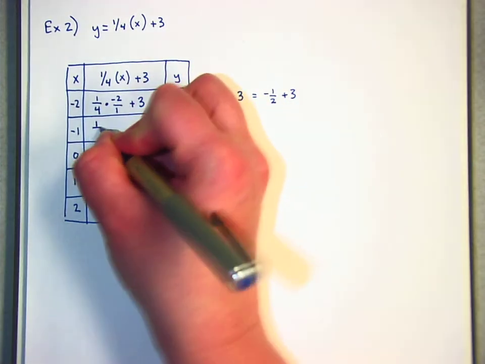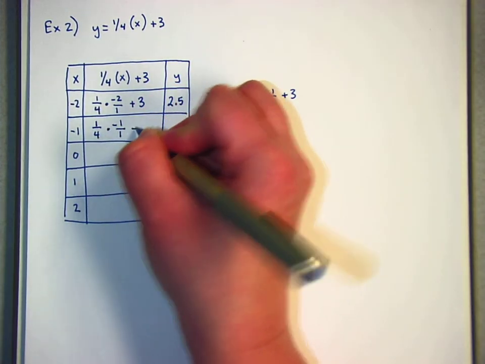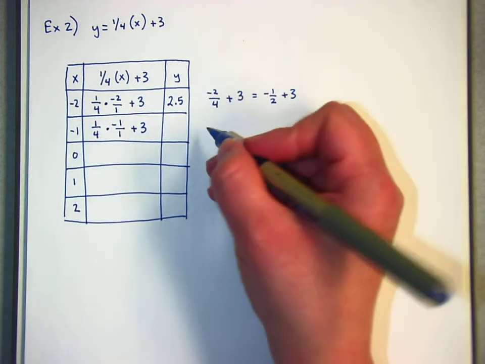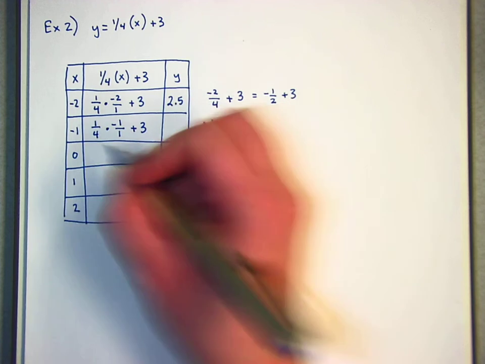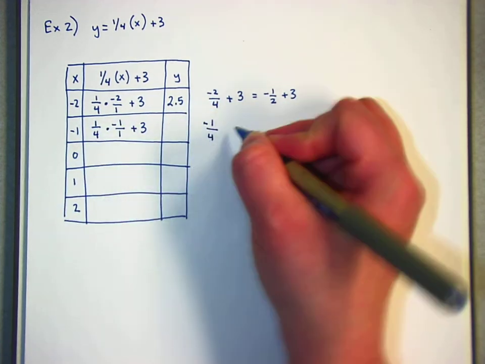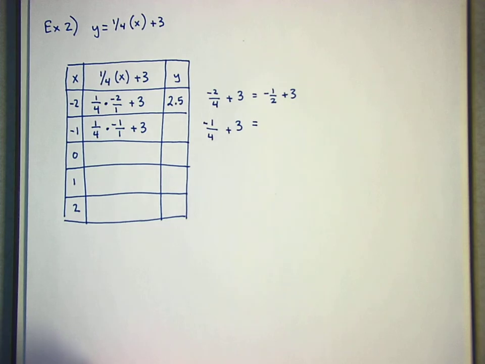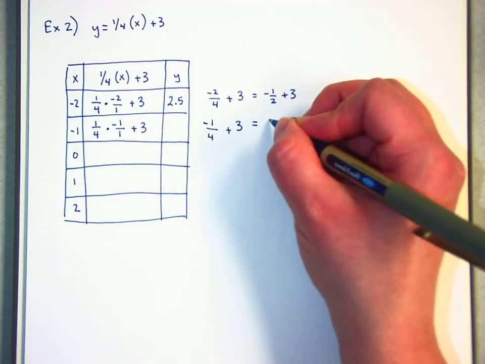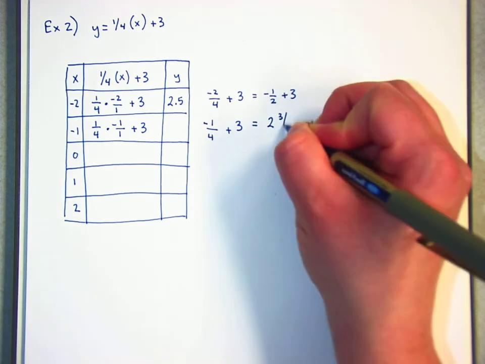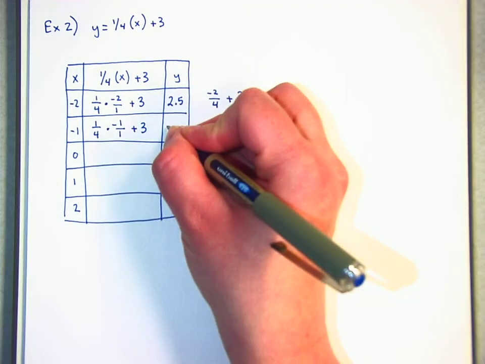All right, I'm going to stick with you one more time here, multiplying the same thing out. I'll do my work over here. That would be -1 on top, 4 on the bottom, plus 3. -1/4 plus 3 is 2 3/4, or 2.75.